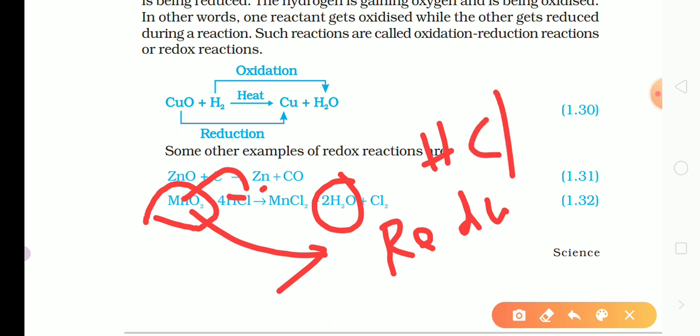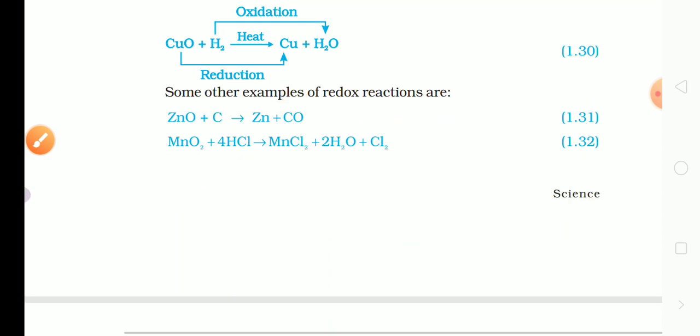Don't be confused, don't get fooled. It's simply MnO2 reduced and HCl oxidized. Here it is not H2 that is getting oxidized, it is HCl that is getting oxidized. I think it is clear now for you.